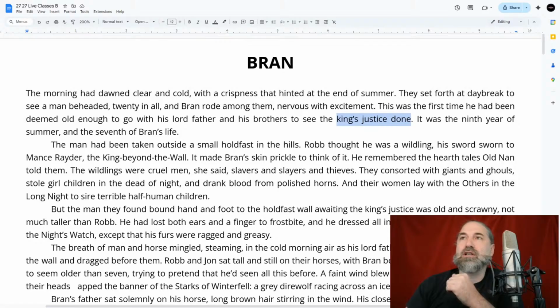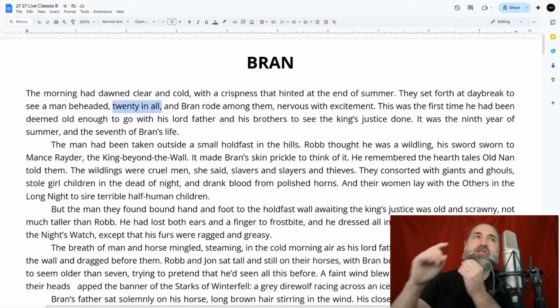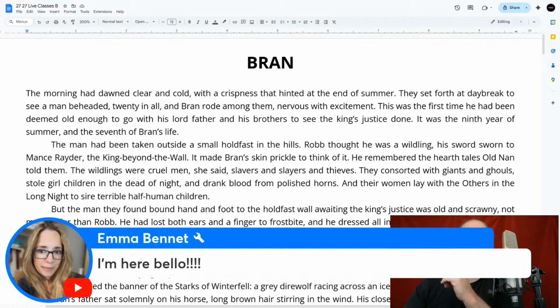We know it's the morning. We know it's the end of summer, so we understand the season. They set forth at daybreak. We know there are 20 people. Do you see how it's setting up the context? This is stuff we can then challenge and reframe as the chapter moves beyond this. So that's something to keep in mind.